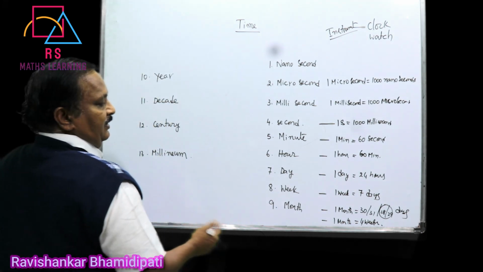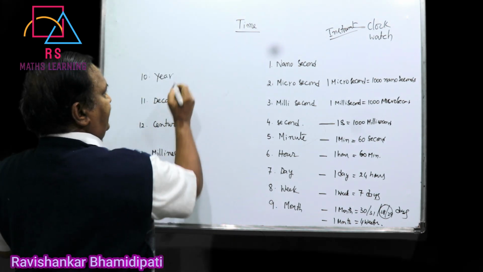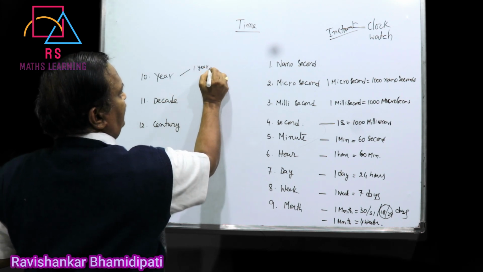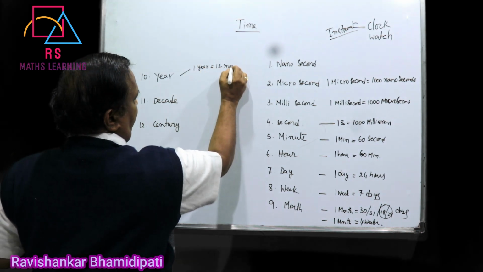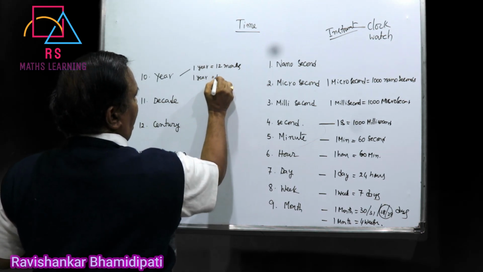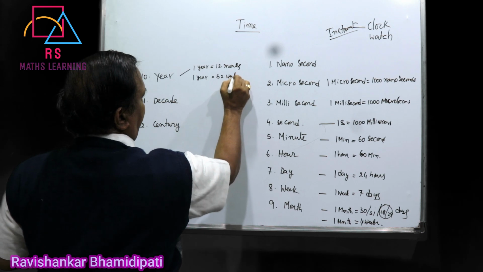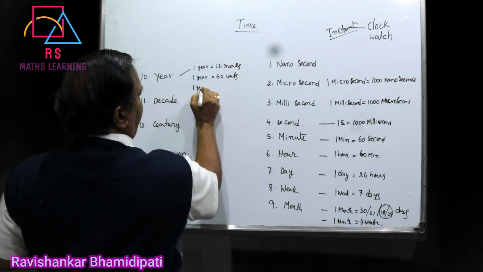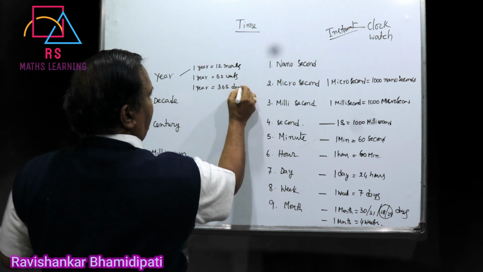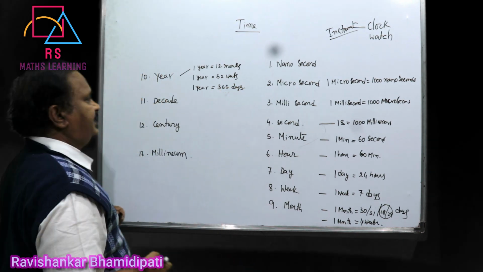Okay. Now let us go to the year. 1 year is equal to 12 months. Okay, or 1 year is equal to 52 weeks, and 1 year is equal to 365 days. In leap year it changes.